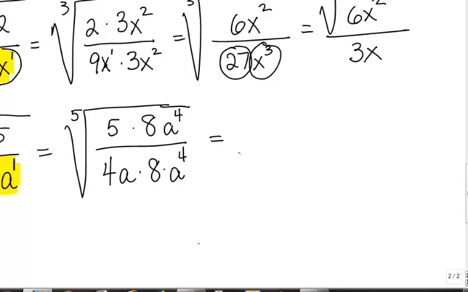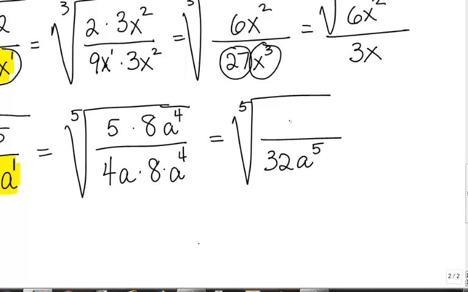So what I really have on the bottom, I have 32, a to the fifth, and 40, a to the fourth. Okay? Out of this, 32 is 2 to the fifth. So I can take out a 2.